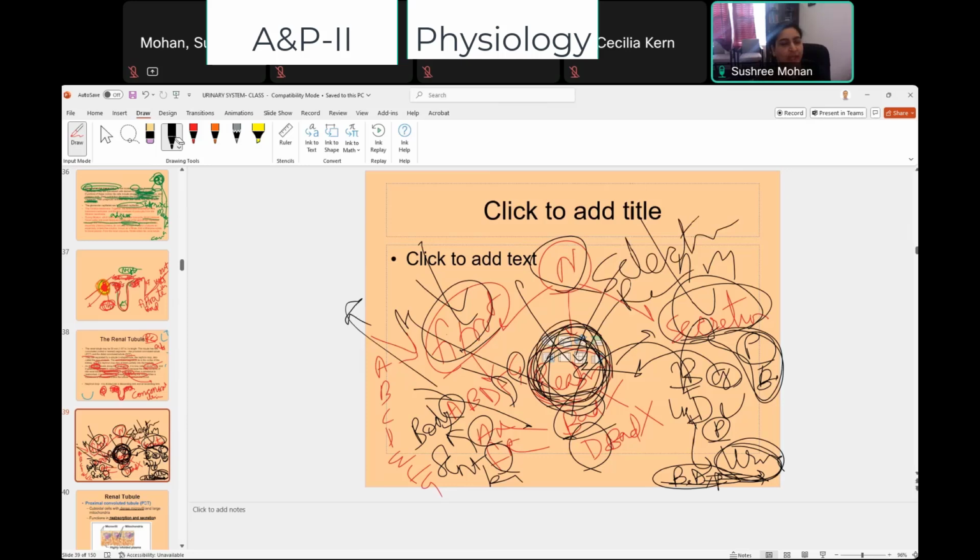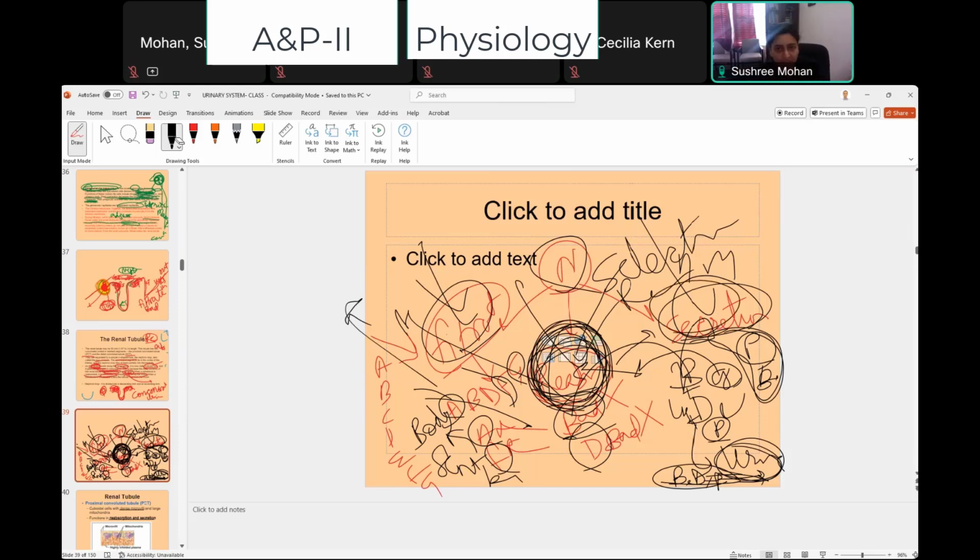Selective reabsorption means I'm going to keep back the protein, keep back the glucose, keep back the sodium. I'm going to remove the potassium, remove the hydrogen ions, remove the urea, remove the uric acid. So I'm going to decide selectively. That is why selective reabsorption, what to keep and what to get rid of.